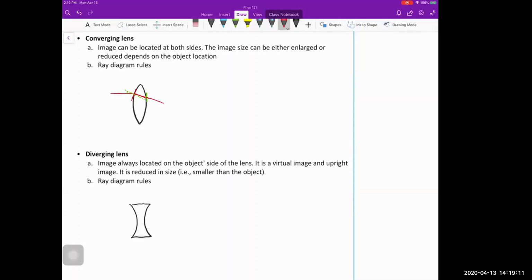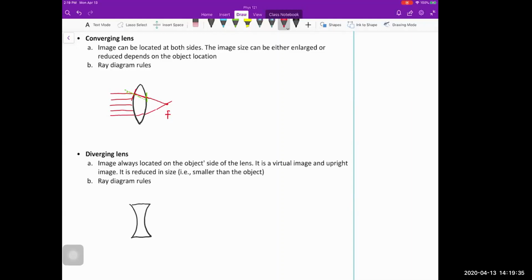If you have another line coming from the bottom left, this one is going to bend and go this way. If you use all these parallel lines passing through this lens, they will all concentrate at the same point, and that point is what we call the focal point of this lens.